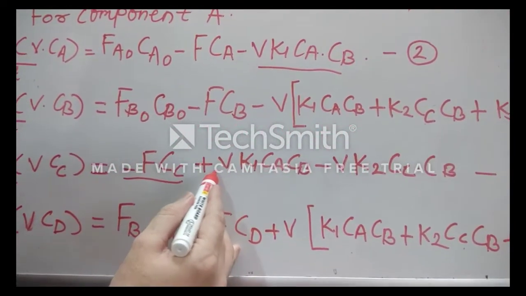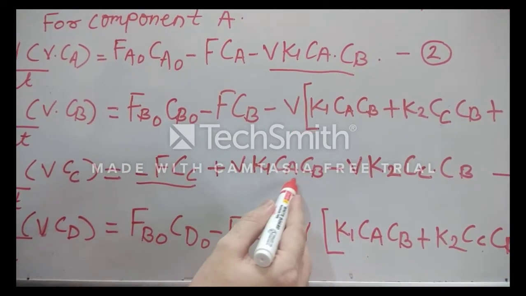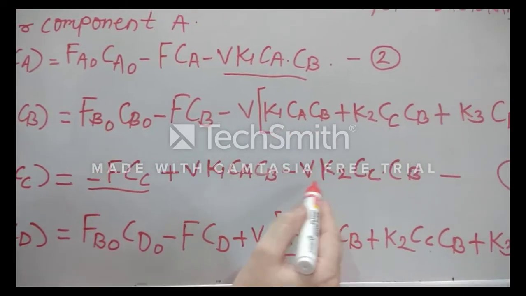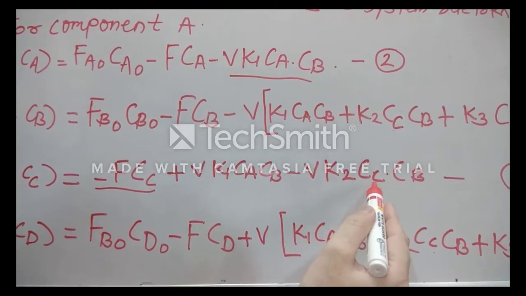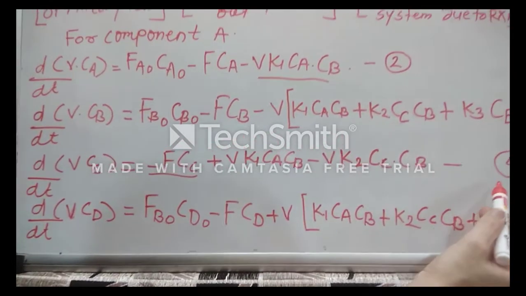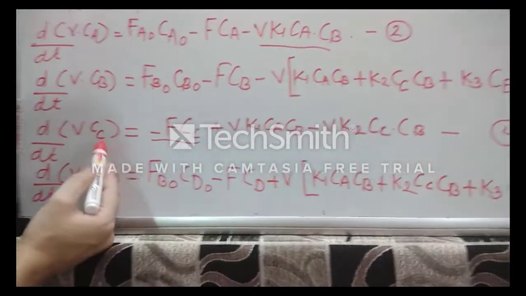So for the product, the rate of formation of C is given by V K1 Ca Cb, and for the reaction where it is a reactant, we write minus V K2 Cc Cb. So this equation 4 gives the component continuity equation for component C.